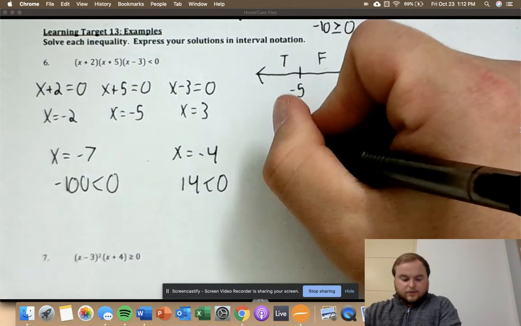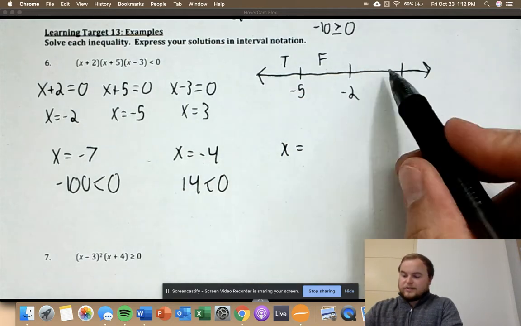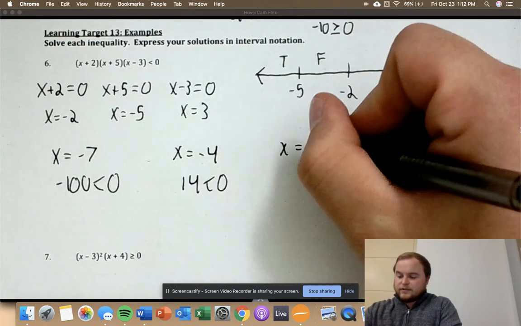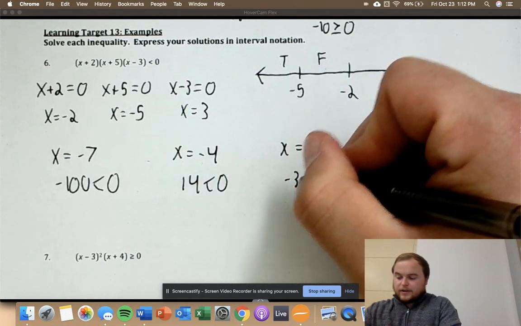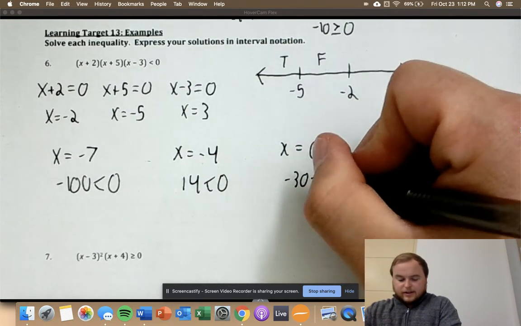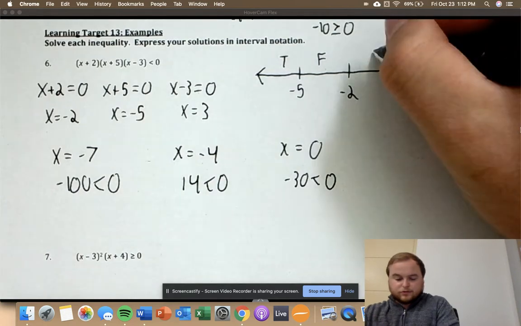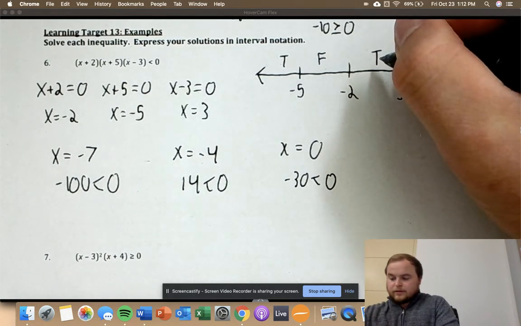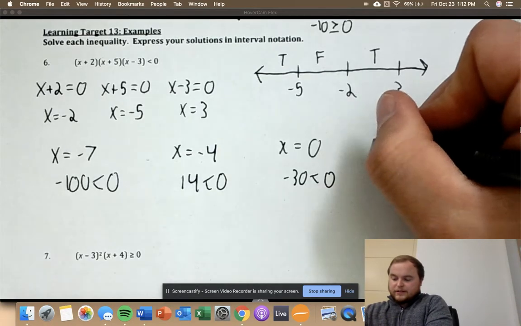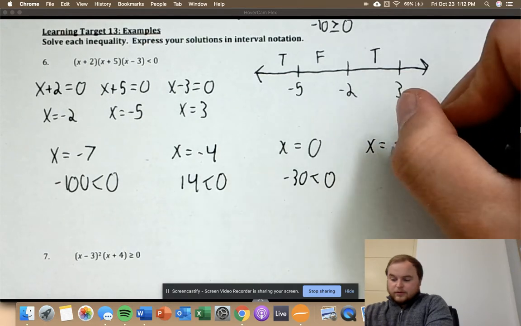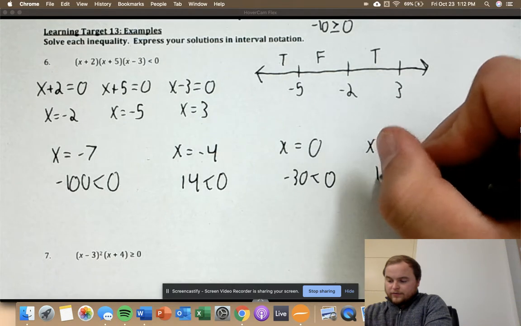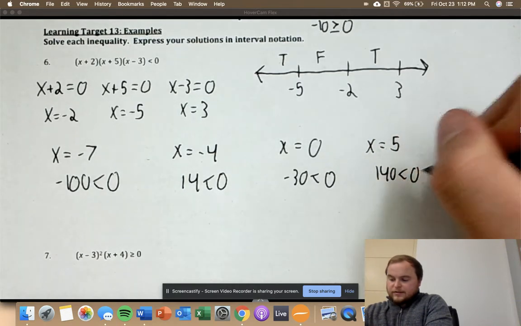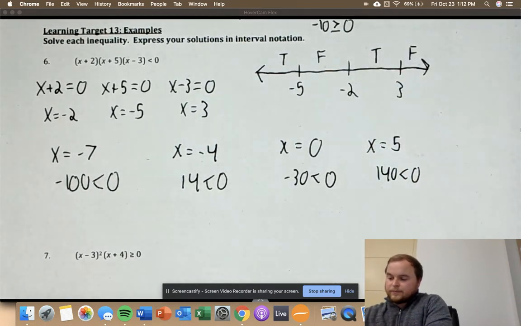Then we can test when x is equal to, we'll say 0, because that's in between -2 and 3. And when that simplifies down, we get -30 is less than 0, which is true. And then we can also test when x is equal to 5, because that's above 3, right? And we end up getting 140 is less than 0, which is false.